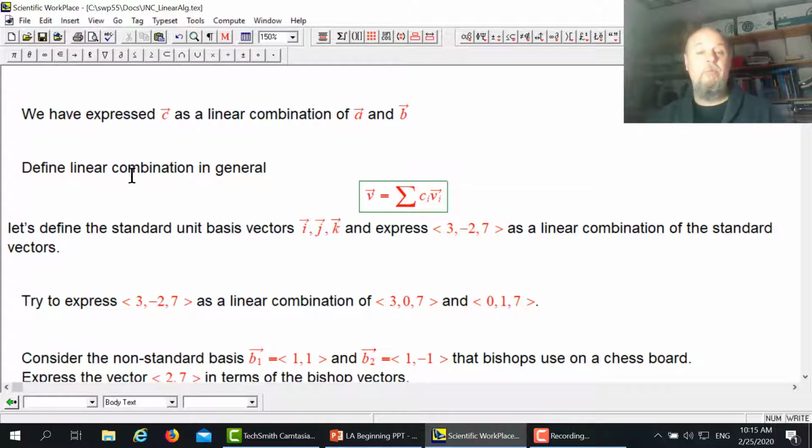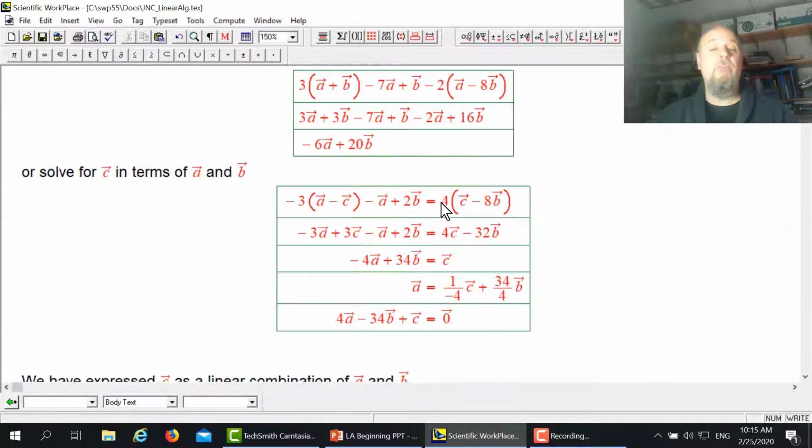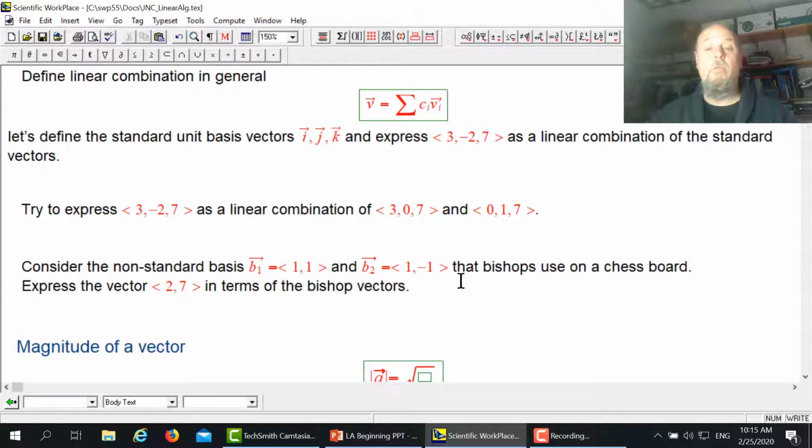Okay, here's where I'm going with this. A linear combination in general: if I can write a vector as a linear combination, the sum of c sub i times v sub i, where the c sub i's are just constants. Up here, if I wrote A as a linear combination of C and B, the first constant is -1/4, the second constant is 34/4. So I've written it as a sum. If I can do that, then I can write one vector as a linear combination of the others. Oh wait, there's a little caveat here.